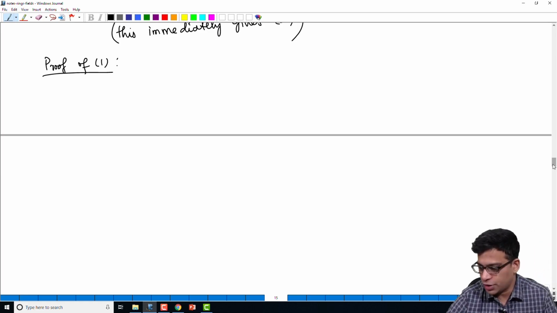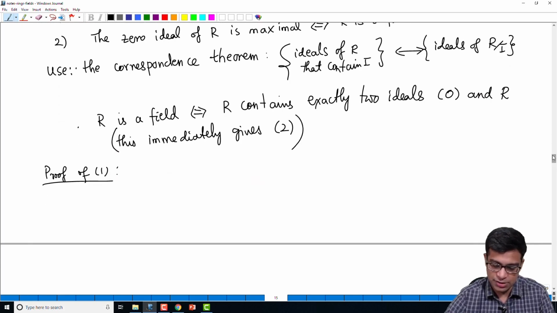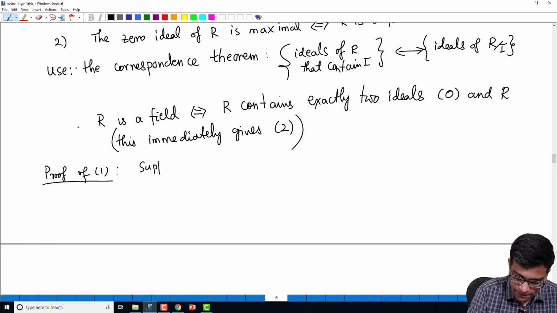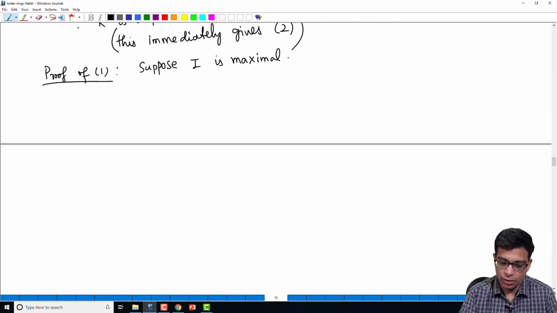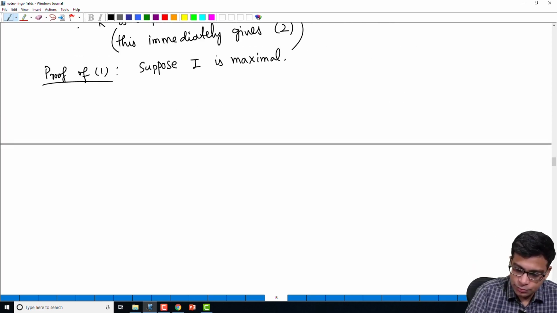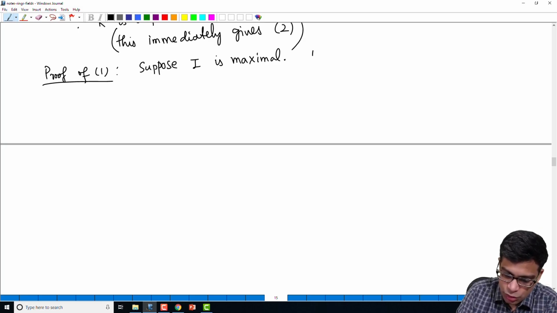So remember, what are we trying to show? I is maximal if and only if R mod I is a field. So suppose I is maximal. Then we want to show R mod I is a field.